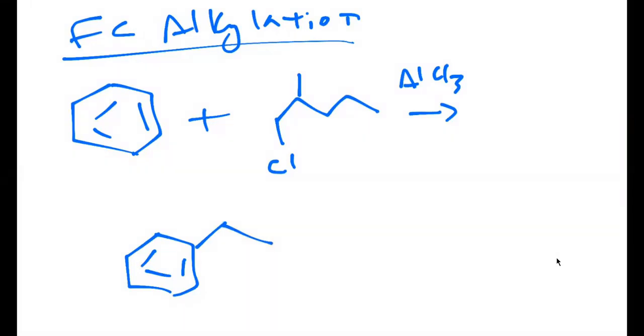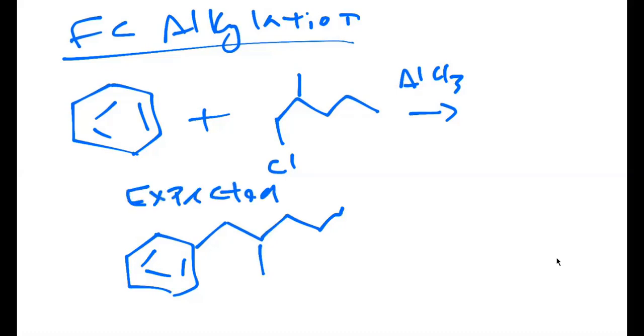So this is the primary right here. I expect this as my product. I expect this carbon right here to end up attached to the ring. Same carbon right here. Yes or no?